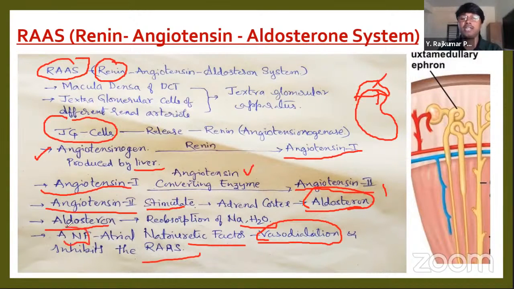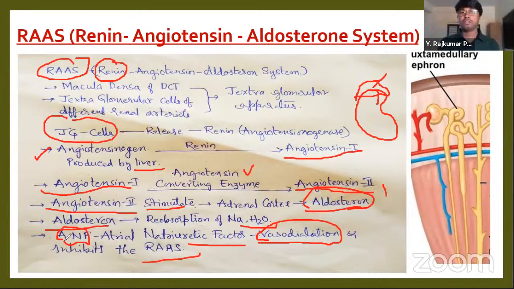Just now I told you that atrial natriuretic peptide is used for the secretion of sodium ions, isn't it? But the RAS system works against the ANP. What it does is reabsorb the sodium ions.